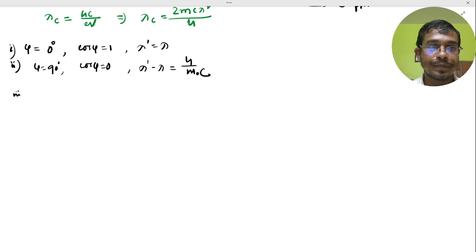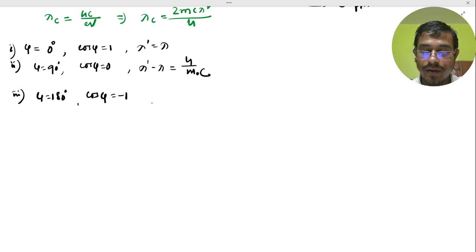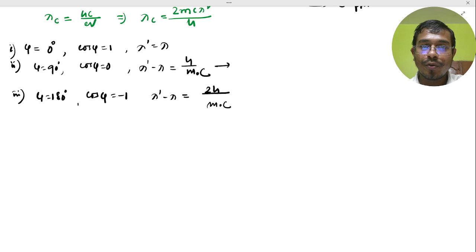And for phi equal to 180 degree, cos phi equals minus 1, so lambda dash minus lambda is equal to 2h by m naught c. So this is the Compton wavelength, and that is the maximum increase of wavelength.